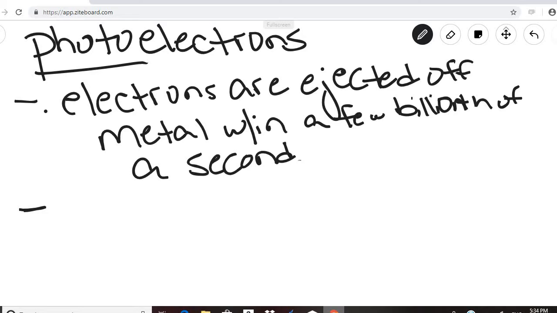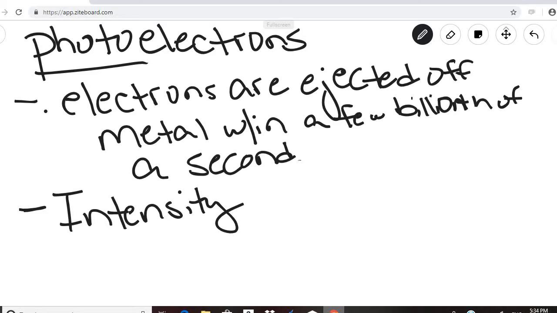Okay, and then the other one is what I just said, that the intensity of the light has no effect on the energy of the electrons.